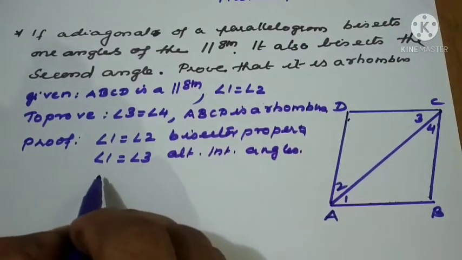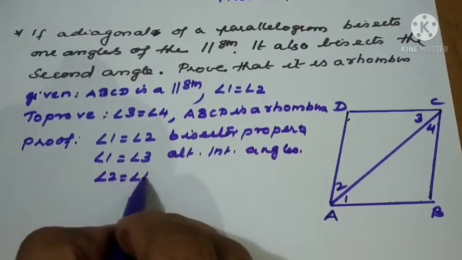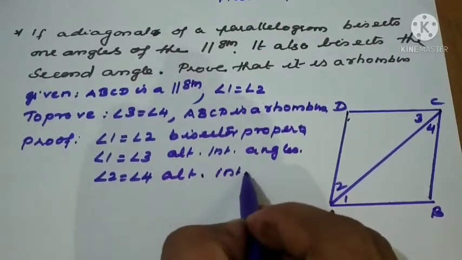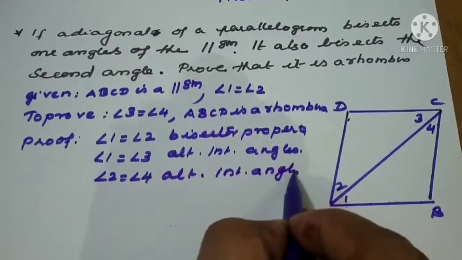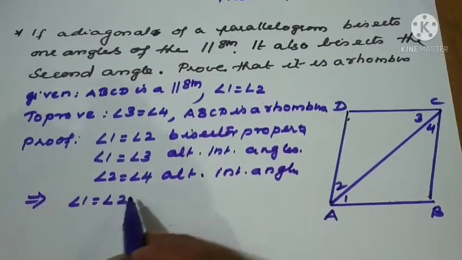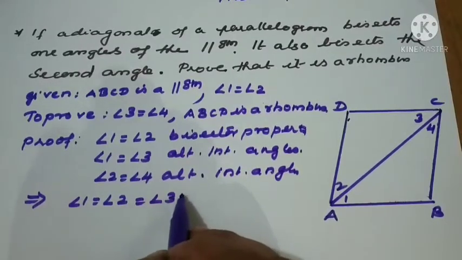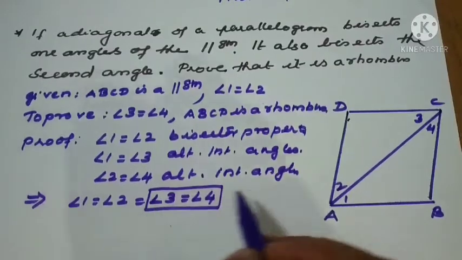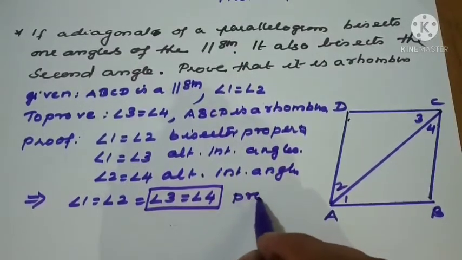Angle 2 equal to angle 4, another pair of alternate interior angles. This implies angle 1 equal to angle 2, already given, equal to angle 3 equal to angle 4. Proved the first part.